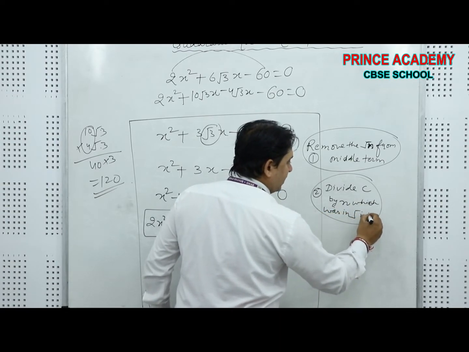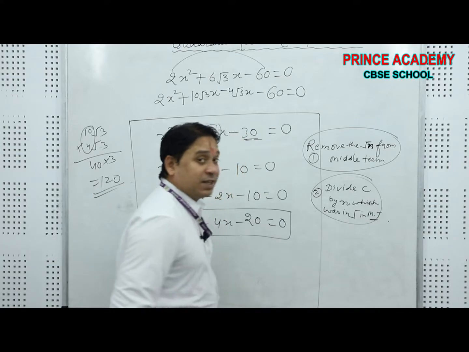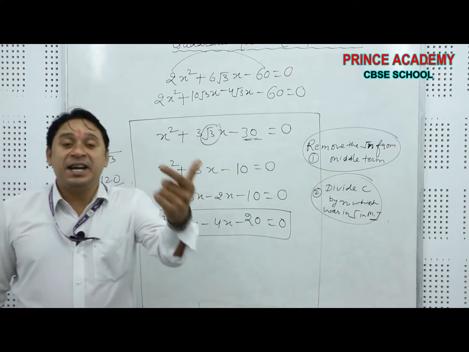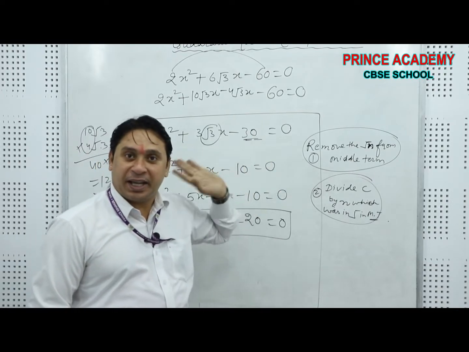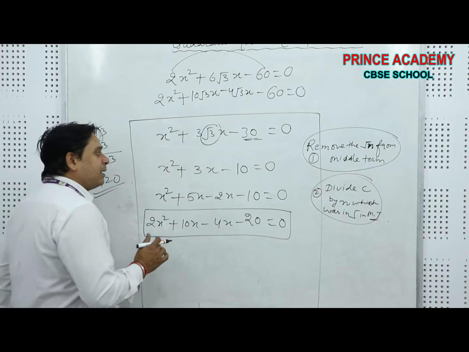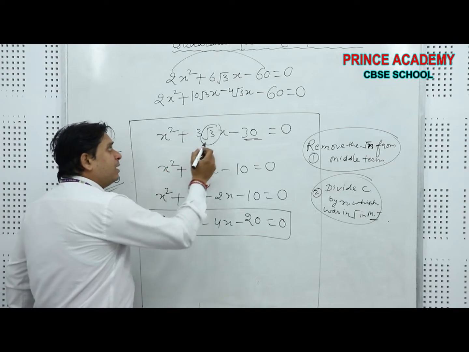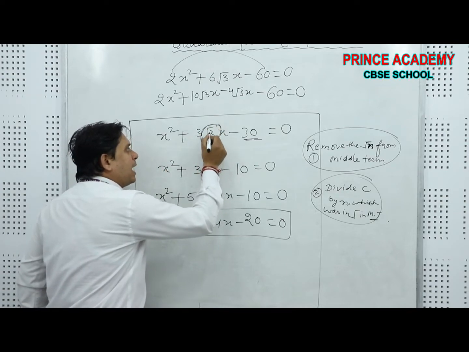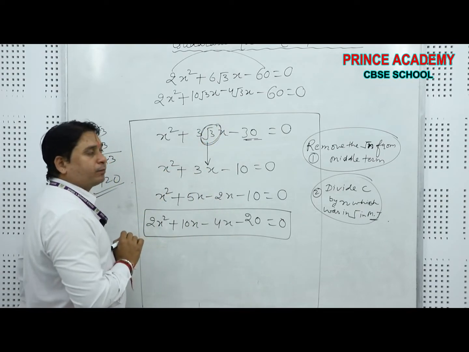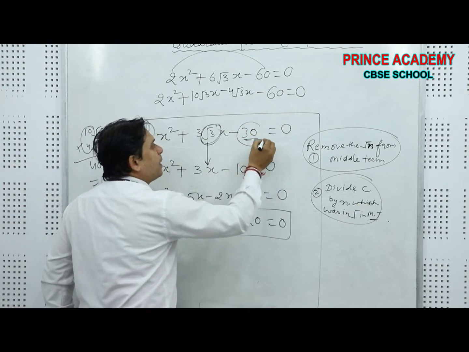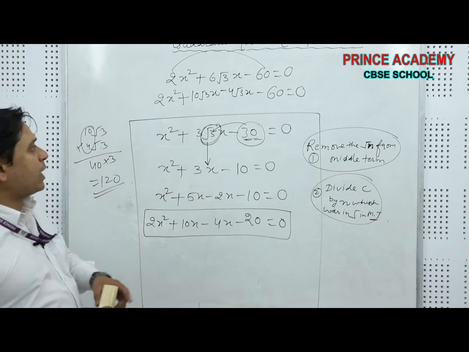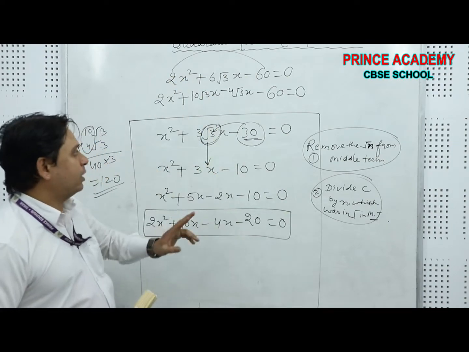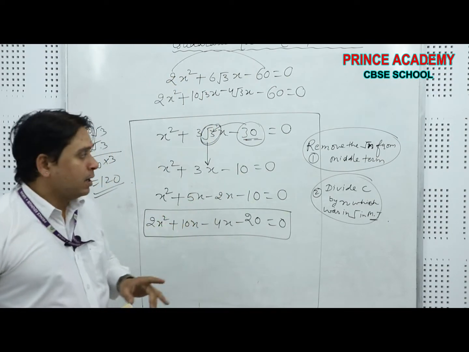See beta, what I did next: I made the coefficient of x square unity, then I removed the root part from the middle term and divided the number which was inside the root by this.